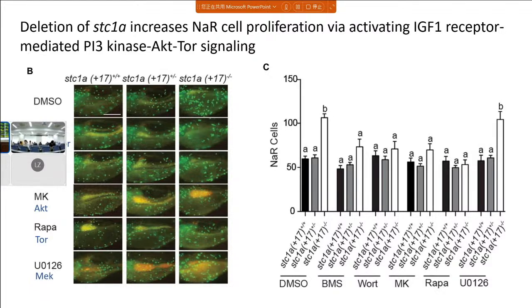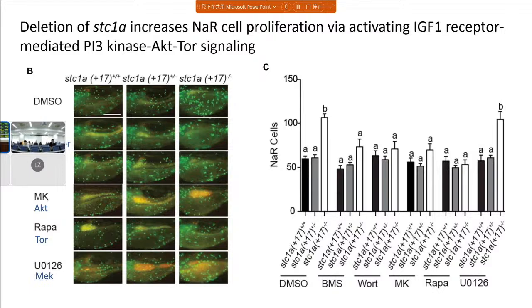As a result, you can see in figure B, I think it's quite obvious, they calculated all of the NAR cells in each experiment. Treatments with warfarin and MK206 and rapamycin all decrease cell proliferation compared with the DMSO treatment.